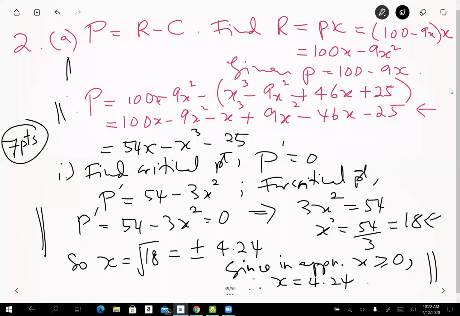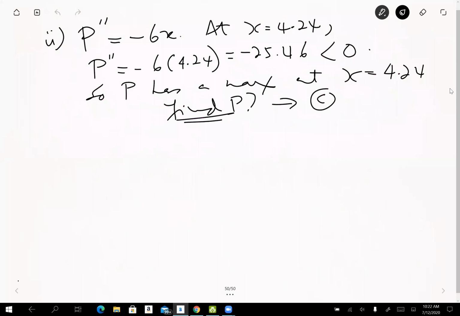If you show me less work, how can I give you points? I'm not looking for answers, I'm looking for the process of how you get the answers. Of course, the answers are important also. So that first part is 7 points. This one is 4, the second derivative, 4. Now, this is important, right? There are a few of you who did not write negative.